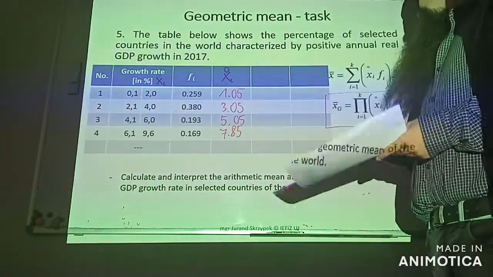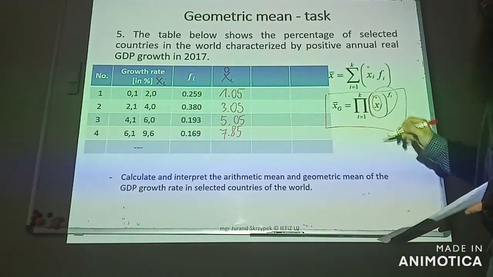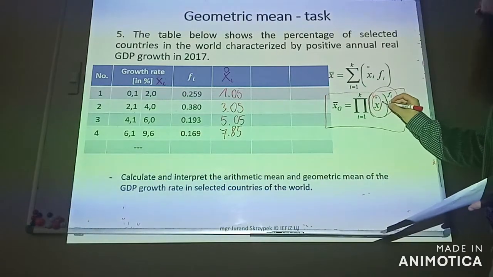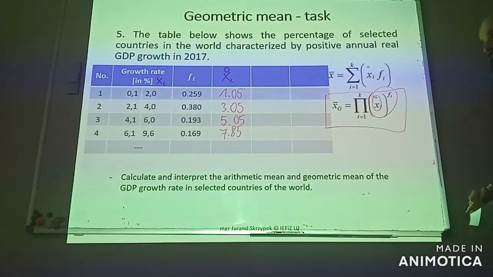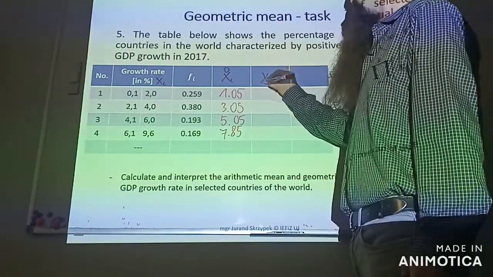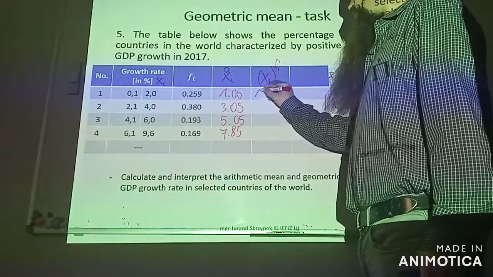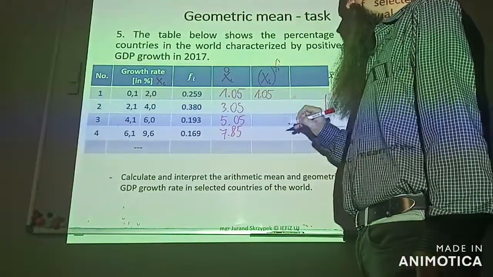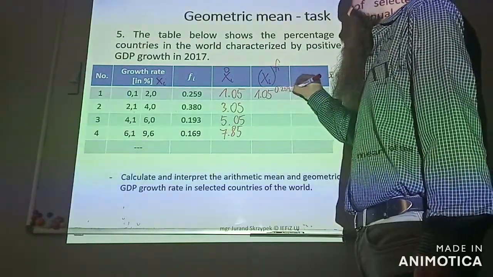And after that we are going to use our formula. We should raise the middle of the classes to the power of fi's. So in the first row we have xi to the power of fi: 1.05 to the power of 0.259.